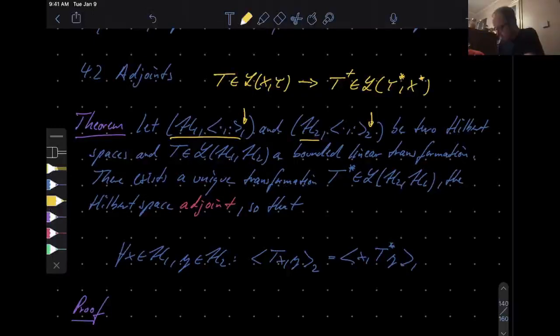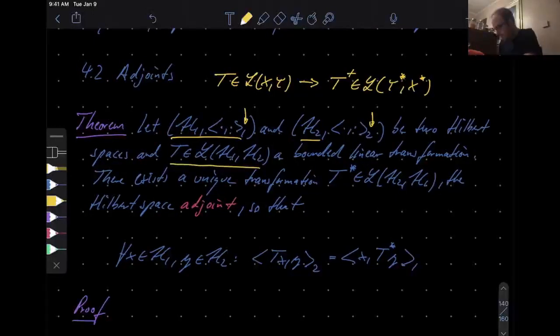And now if you have a bounded linear transformation, capital T, then for that guy there exists a unique transformation T star, right? So unlike putting up here this T for the dual transformation, for the adjoint, the Hilbert space adjoint, I will always use the star. So that is a bounded linear transformation that again goes the other way.